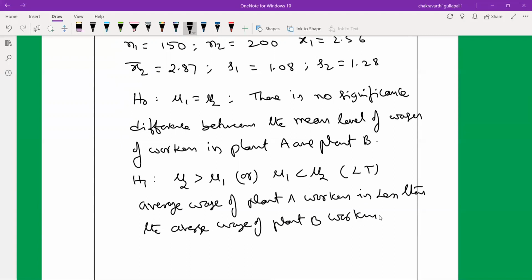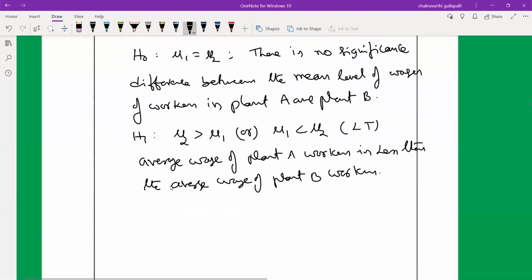Alternatively, you can also write the average wage of plant B workers is more than the average wage of plant A workers. Both are the same statements. So step 1 is over, step 2 is over, step 3.